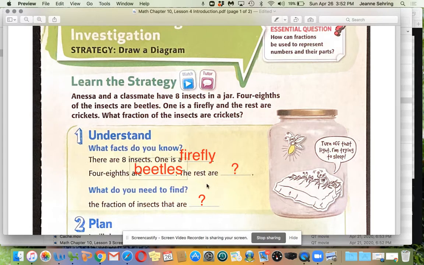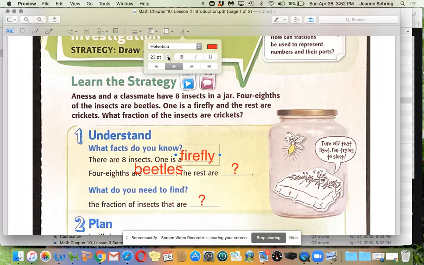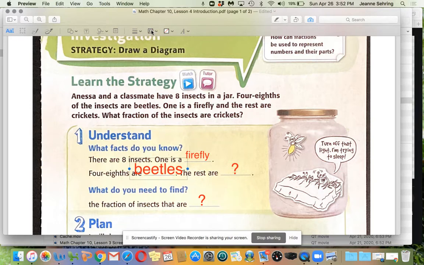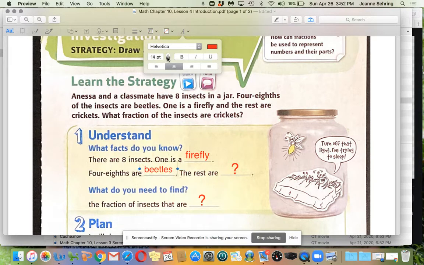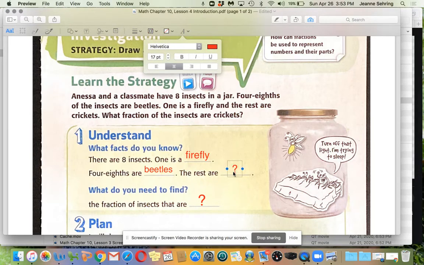Let's see if we can get beetles in the box as well. All right, so there are 8 insects. 1 is a firefly. 4/8 are beetles, so that means 4 of the 8 are beetles, and the rest are crickets.